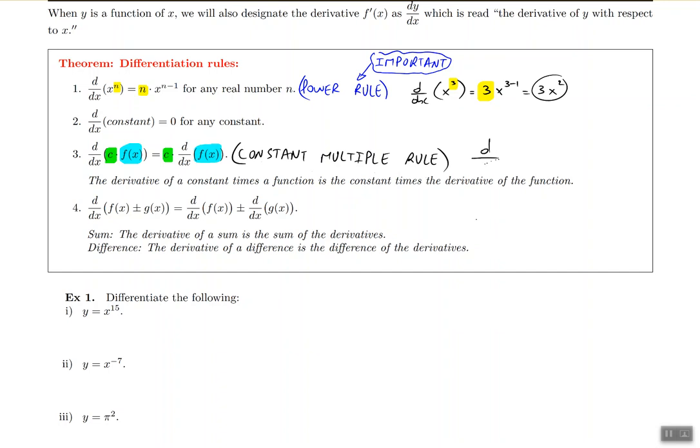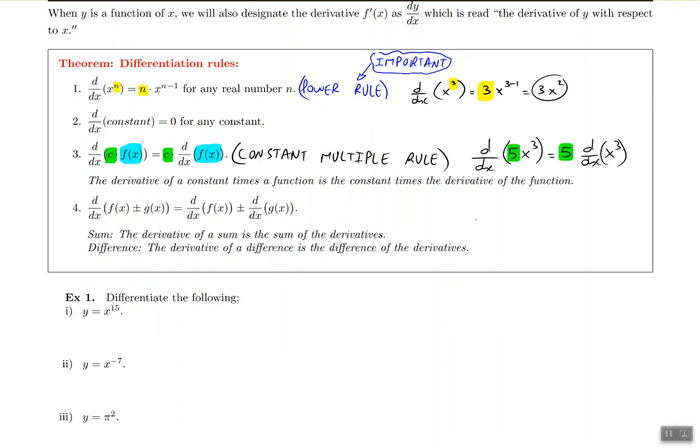If I want the derivative with respect to x of, let's say, 5x cubed, according to this rule, we ignore the 5. So we just pull it out and we just ask for the derivative with respect to x of x cubed. That's how this rule is being used. So if you have a constant right next to an x, the constant gets ignored.